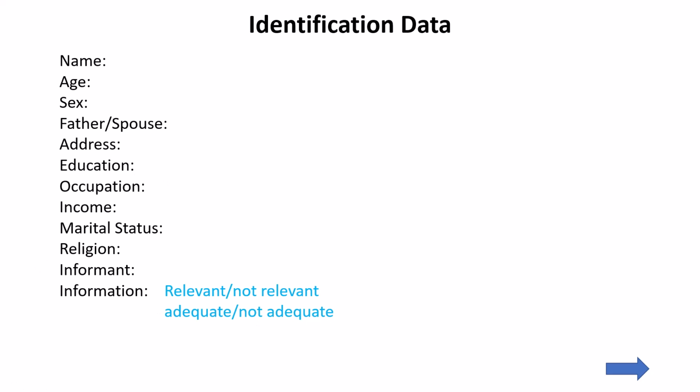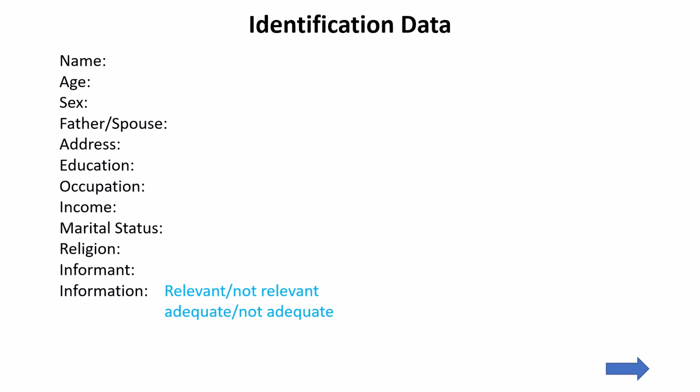Then economic status, because these mental problems are mostly found in families of poor economic status. Through income we can understand their economic status, and it is helpful to find the causes of the problem. Then marital status: from it we can understand the cooperation between the family members.